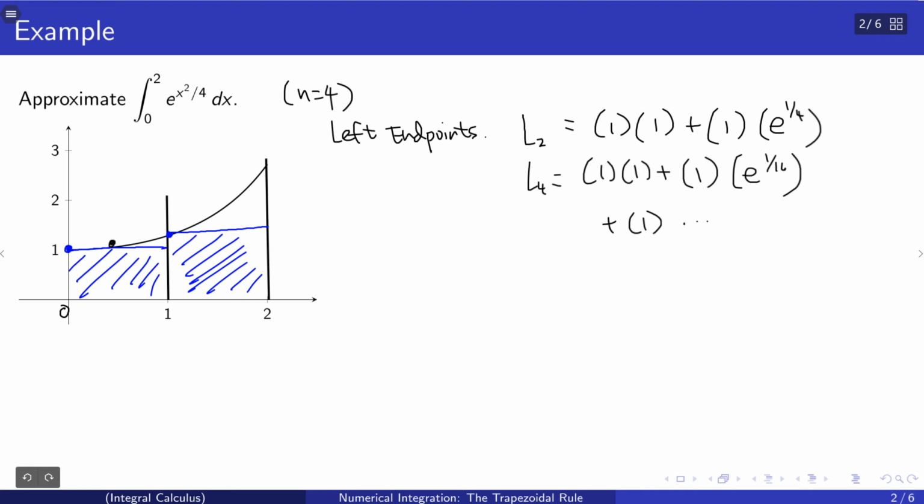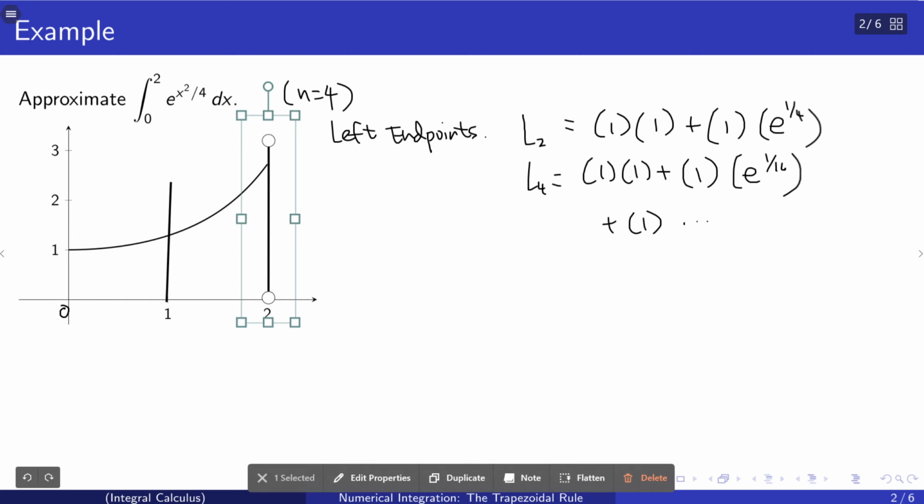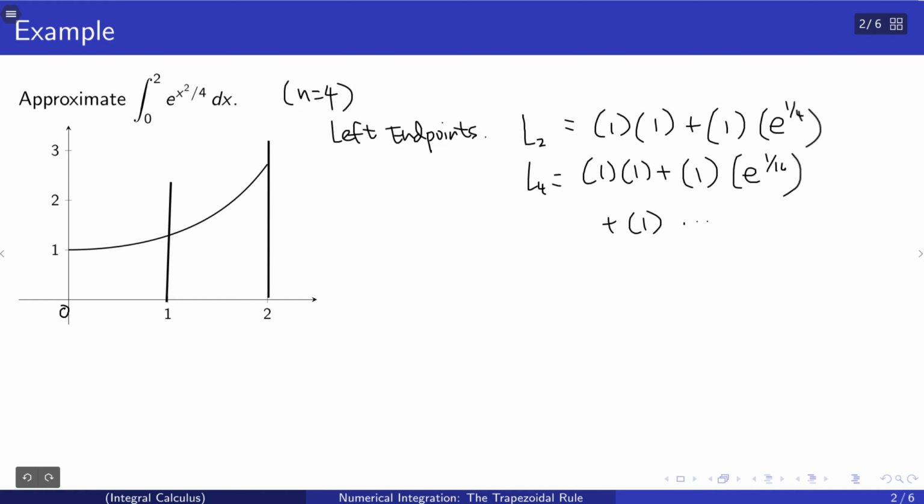Now, another thing you could do is use the midpoint approximations. How that works is, instead of looking at the left endpoint or the right endpoint, you use the midpoint of each subinterval to tell you the height of the rectangle in that subinterval.